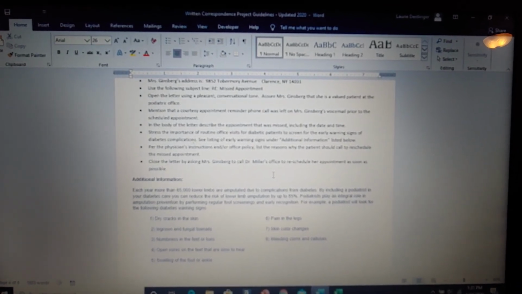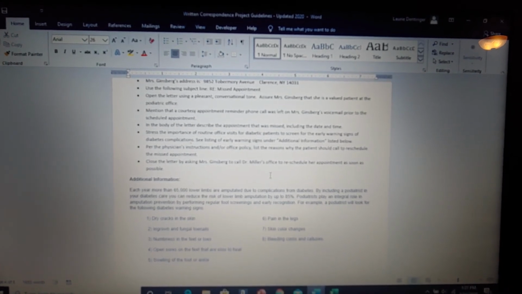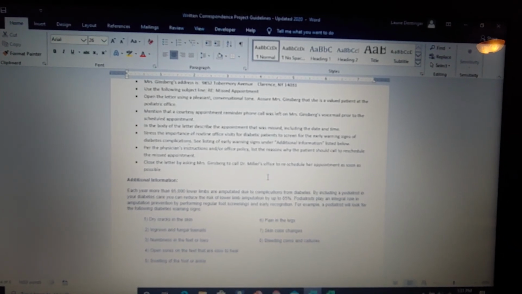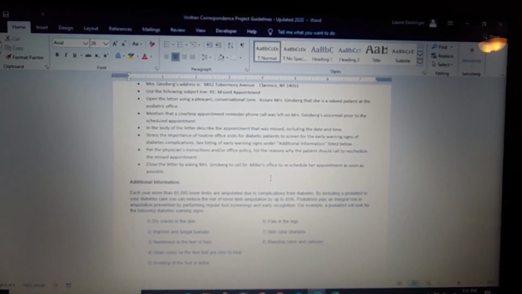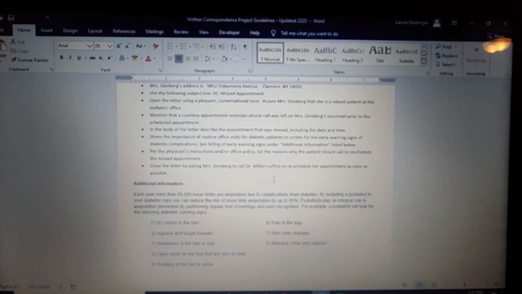So sometimes I've had students really take ownership of this project and come up with some really creative ways to end the letter, meaning they have offered senior services transportation to get her to appointments at the designated day and time.